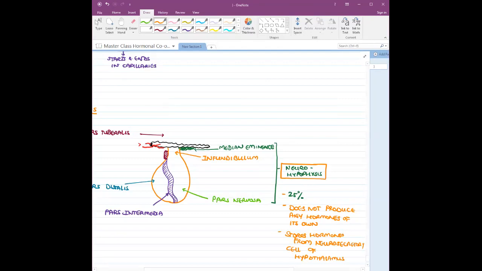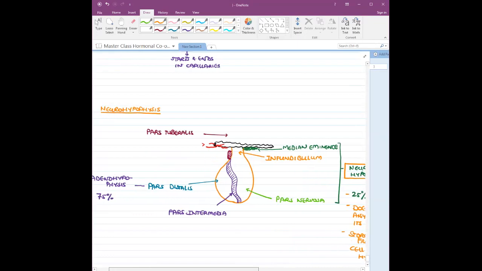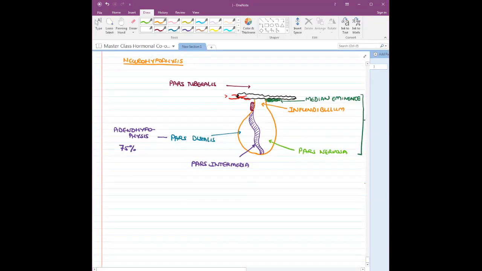Now, once again, we need to zoom in and see all the different parts. So we said median eminence, infundibulum and your pars nervosa. Let's zoom in and see what exactly happens.